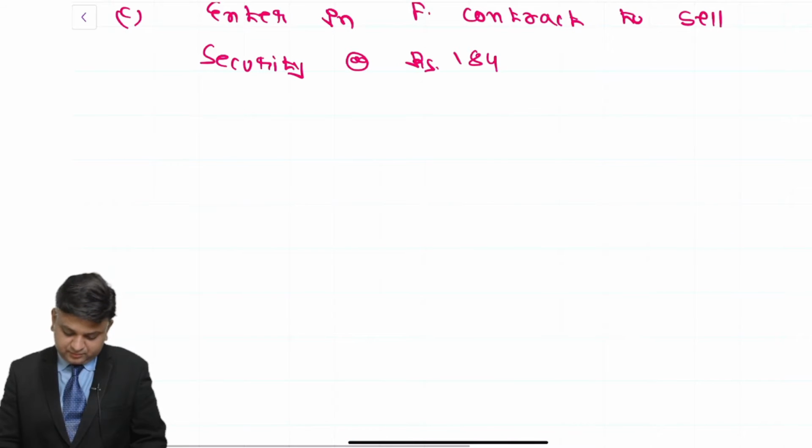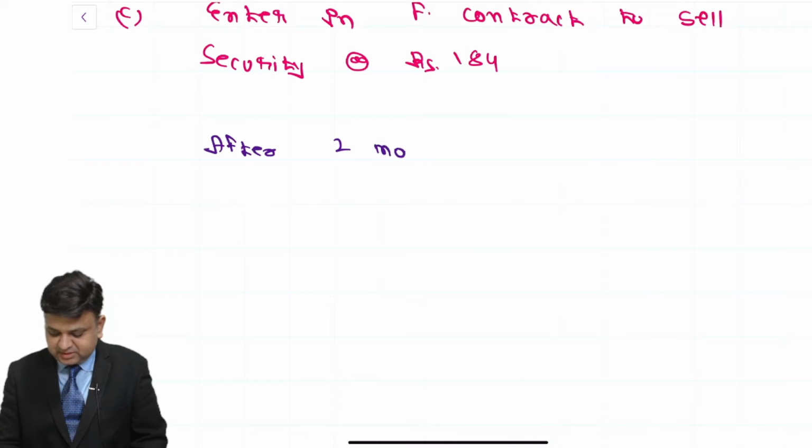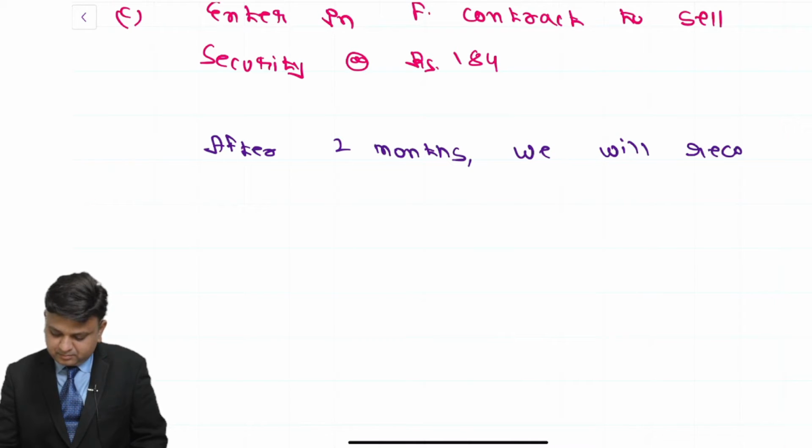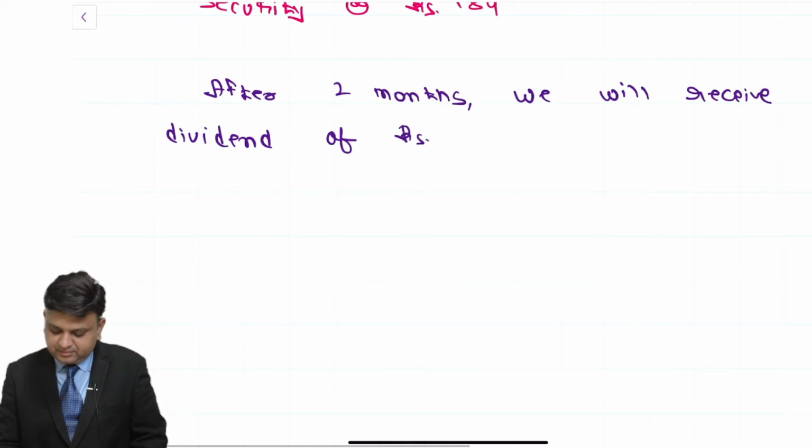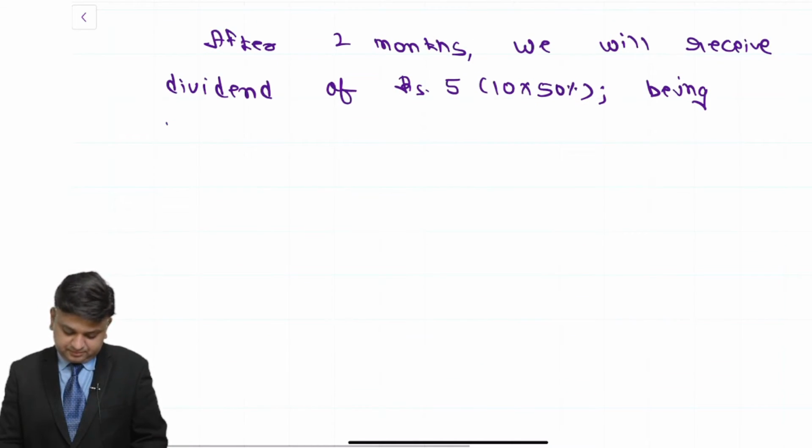With a paragraph, write down, after 2 months we will receive dividend of rupees 5. In bracket I am writing 10 into 50%, being holder of the security.